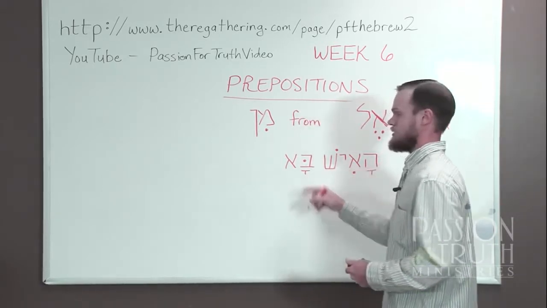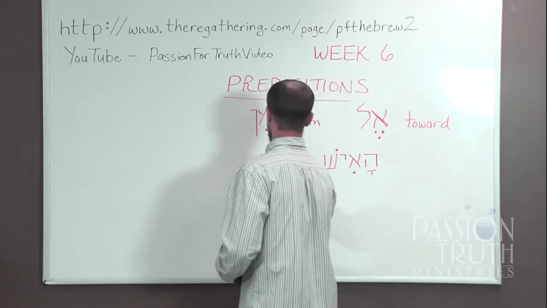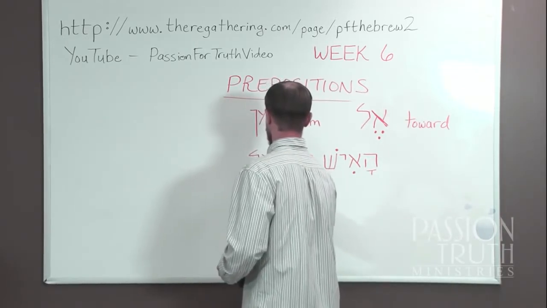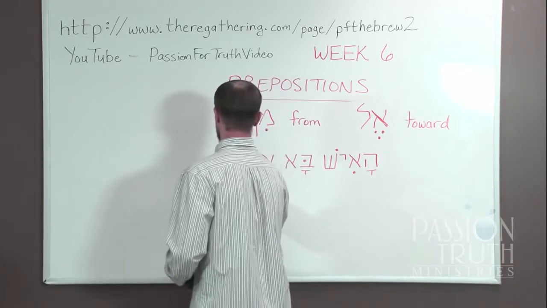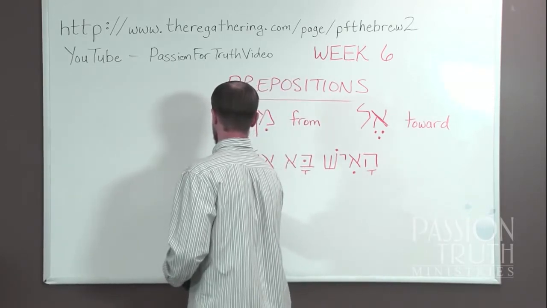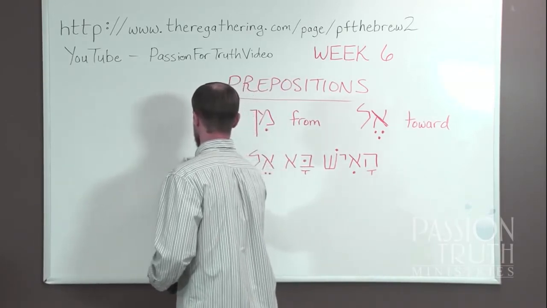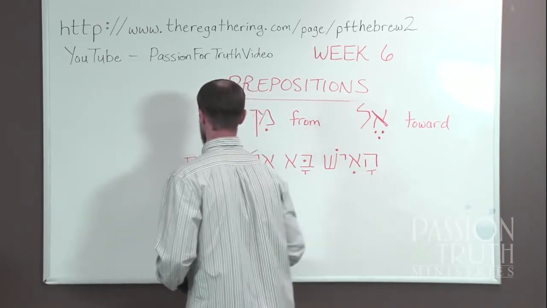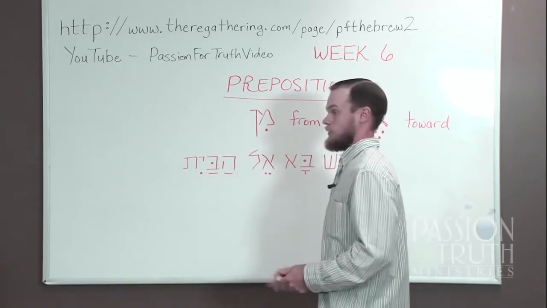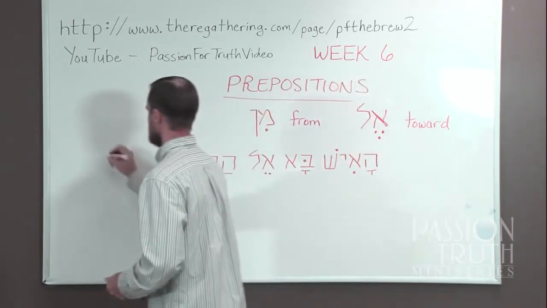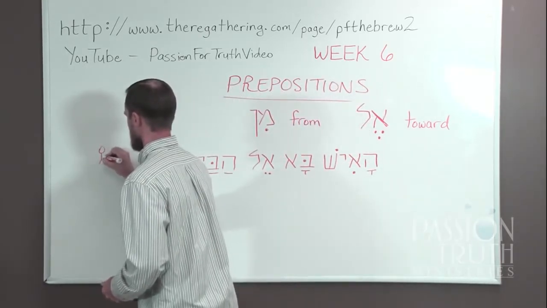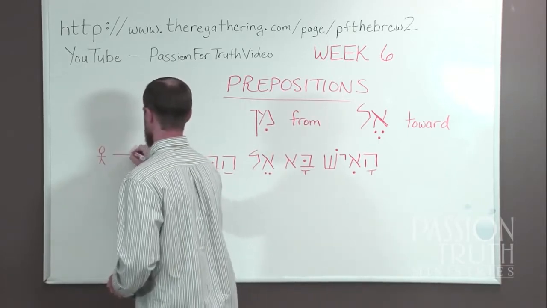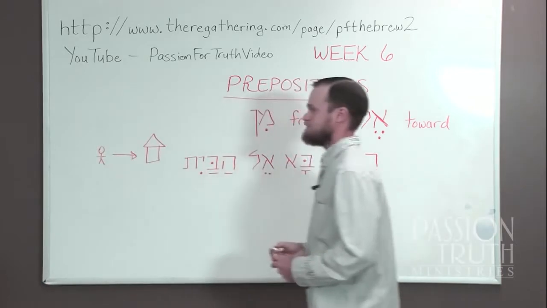So the man is coming el habayit. So yes, the man is coming to the house or toward the house. So here's our man, here's our house, and the direction of motion.